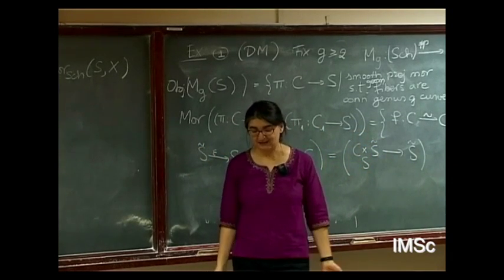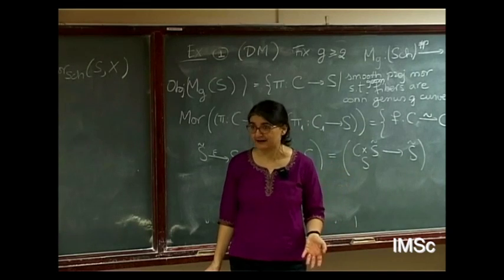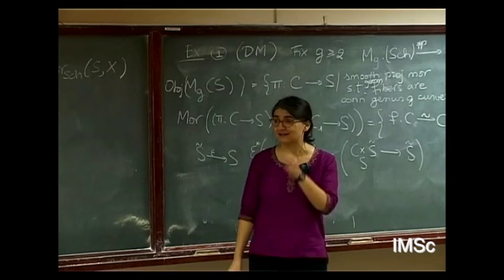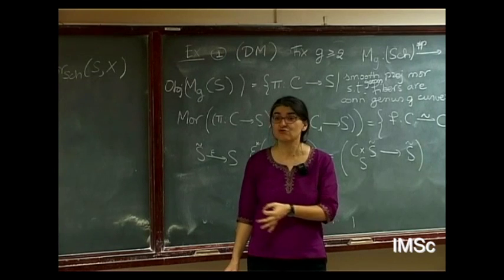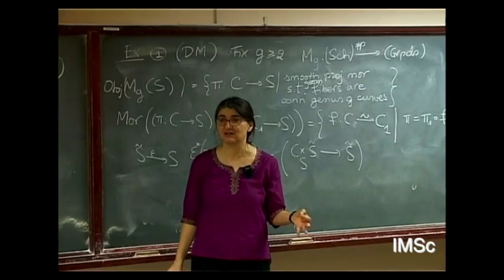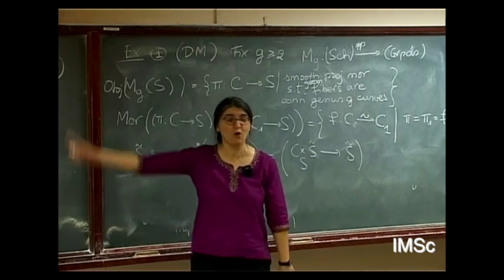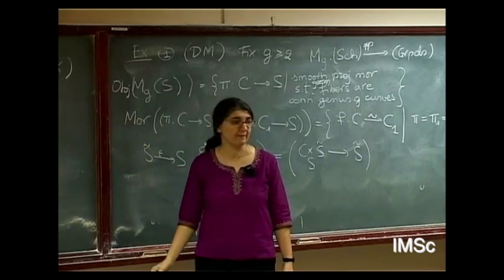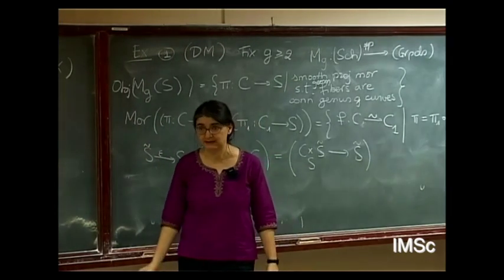So in some sense the fibered category is more natural. On the other hand, when you want to write the stack condition, you never want to do it using the language of fibered categories. You always want to assume that you have chosen fiber products, that you have chosen pullbacks.